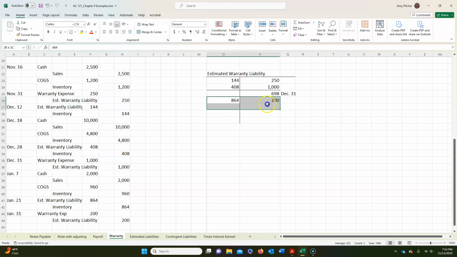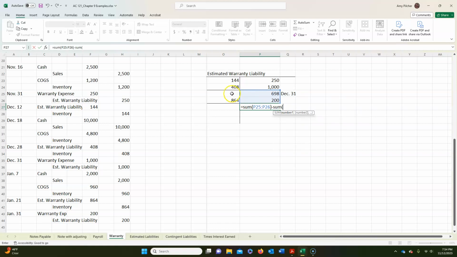So the January 31st balance is the sum of the credit balance minus the sum of the debit balance. Yep, so $34.